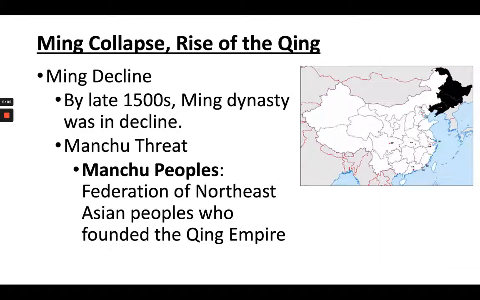The problem with all of this is the fact that all of the silver coming in is going to lead to a lot of government corruption and inflation. You also see the Little Ice Age will cause a famine and agricultural distress. And this will include epidemics and revolts.